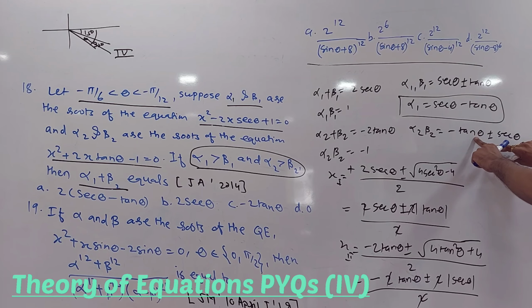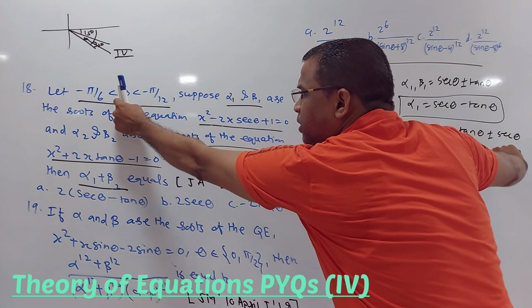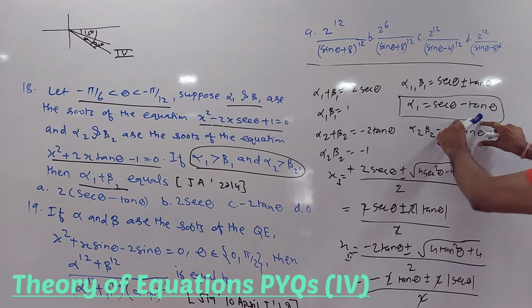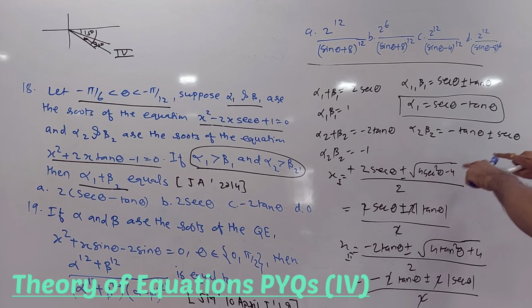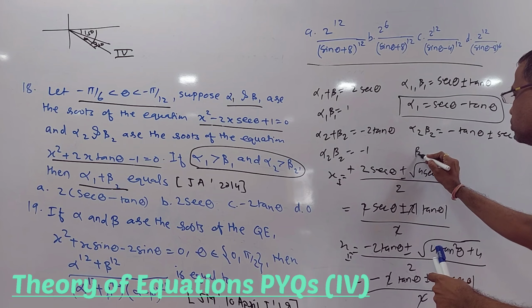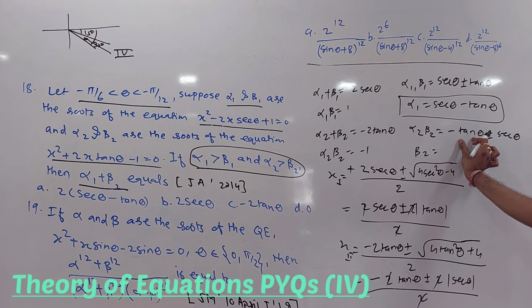See, tan is already negative here, and we know that in the fourth quadrant, this is fourth quadrant theta, so this is again negative. So negative, negative, positive, and there is a minus tan theta, so this is positive only, and I want beta 2 to be smaller than alpha 2. Sec is always positive in the fourth quadrant, so I will consider beta 2 to be the smaller one: positive minus another positive.